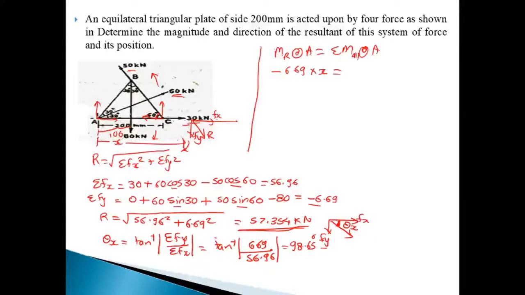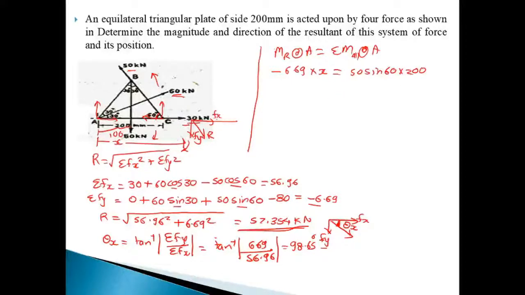Yes, so all forces we have to consider. The 30 Newton and 60 Newton act through point A, so the moment due to them is 0. So we have to consider the moment due to this 50 kilonewton. For that we have 50 sine 60 as the component in the vertical direction, and the rotation is anti-clockwise, so we consider it positive, and the perpendicular distance is 200.